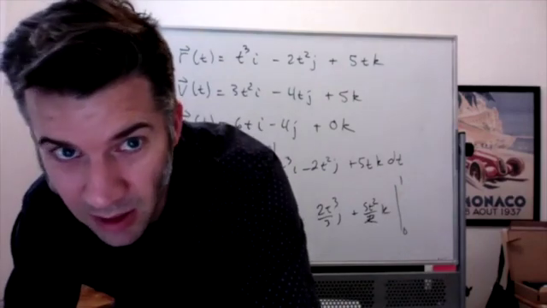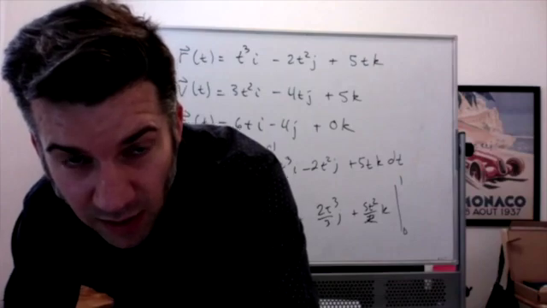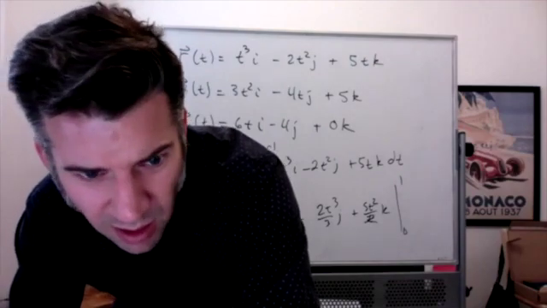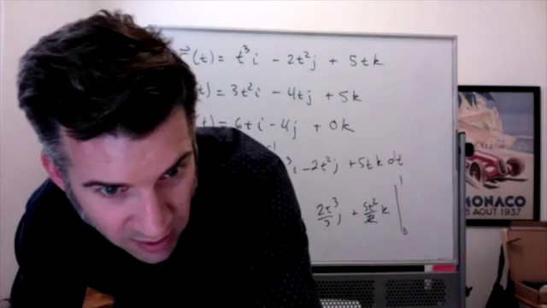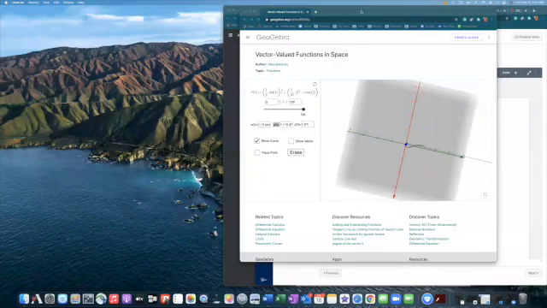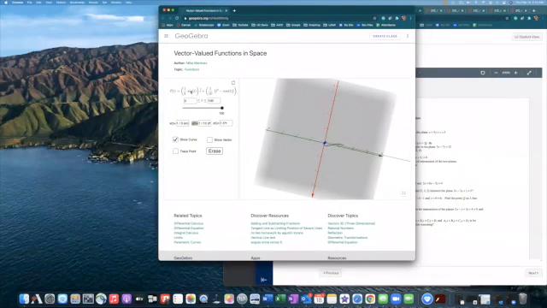Let's see if we can make this work. It's maybe going to be kind of cool, or maybe it's going to suck. That's always a possibility in this class. Let's see if we draw this.